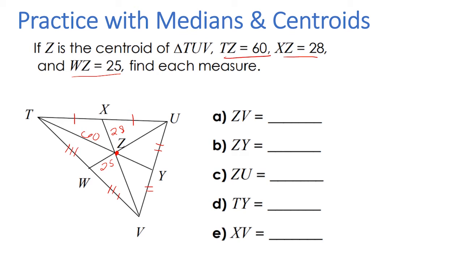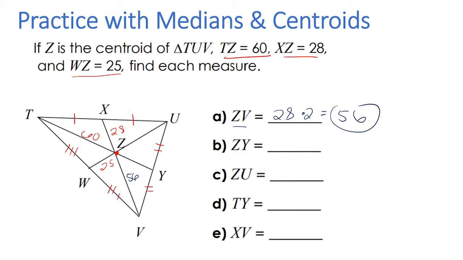So let's find the measure of what we're asked for. We want to find ZV. Since XZ is 28, ZV would be twice that. So 28 times 2 would be 56. So ZV would be 56. I like to label the triangle there.